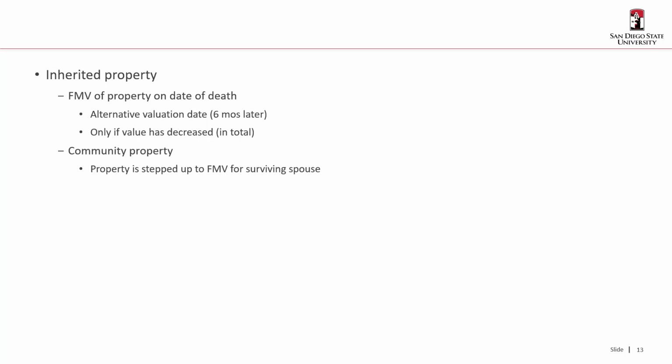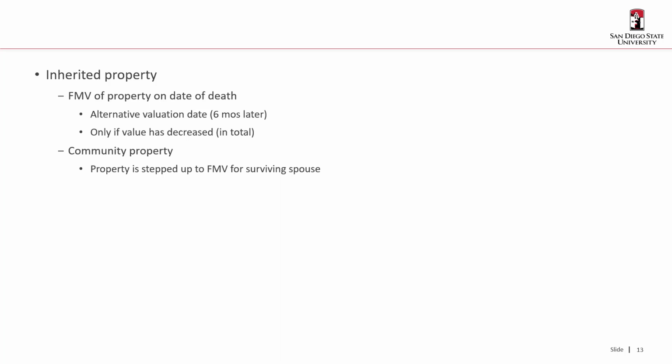Okay. So another way to receive gifted property is through inheritance. However, the rules for inherited property are different than those if it's just given as an inter vivos gift, or a gift during life. So in this case, it simply takes the fair market value of the property on the date of death. Now, the decedent's estate can choose an alternative valuation date of 6 months later, but they can only make that choice if the value of the estate has decreased in total.